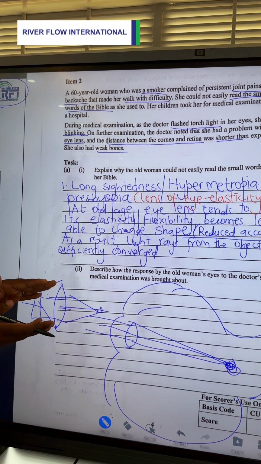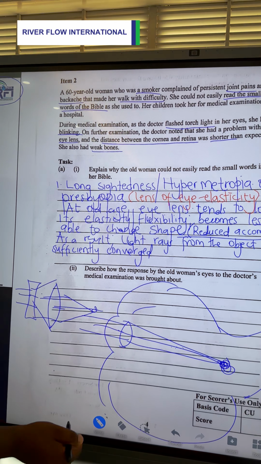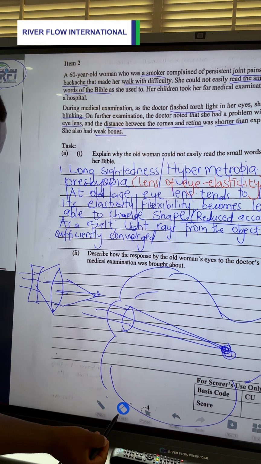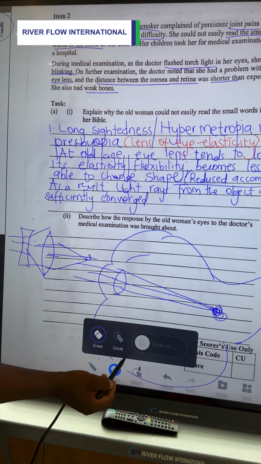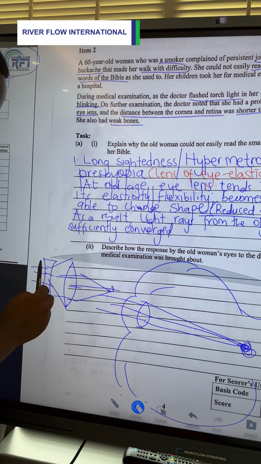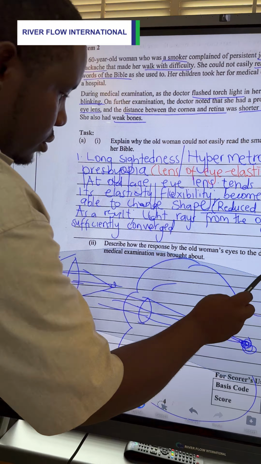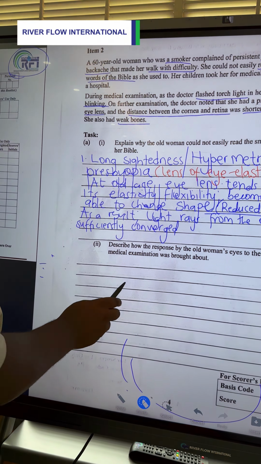These light rays, when they come, cannot easily be converged.